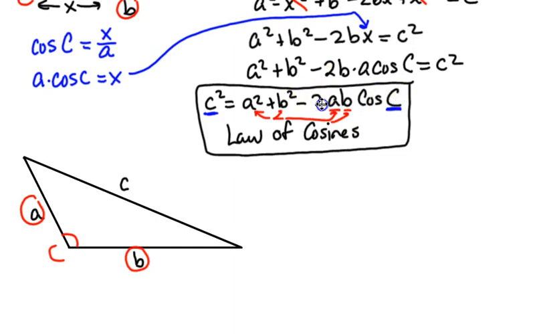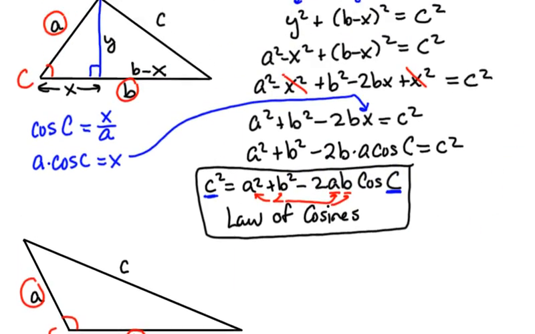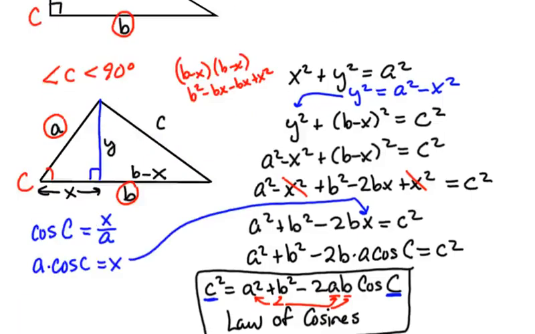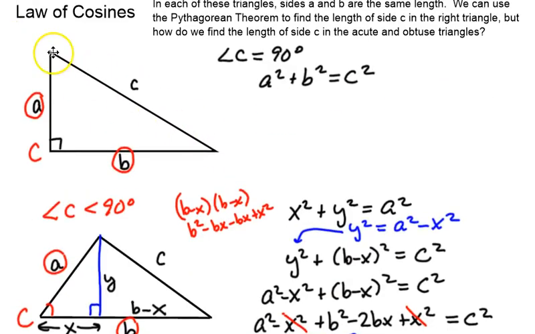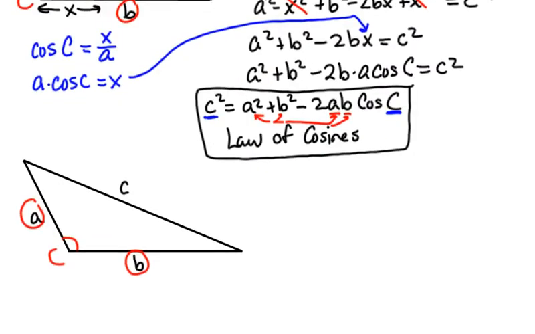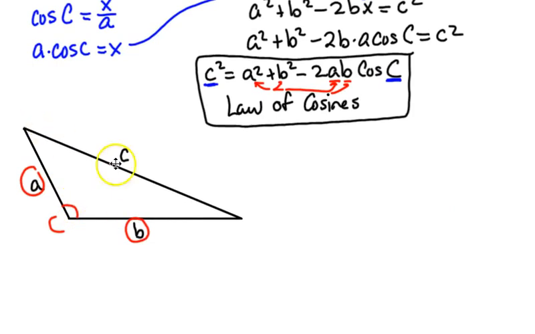We said this is the quantity that we subtracted to see how much smaller C was than its original hypotenuse length in the first triangle. Now C has gotten bigger, because now C is an angle bigger than 90, so side C is even bigger than it was before. So basically I'm going to have to add something here. So how does this formula both act as a subtractor and an adder to that side C?